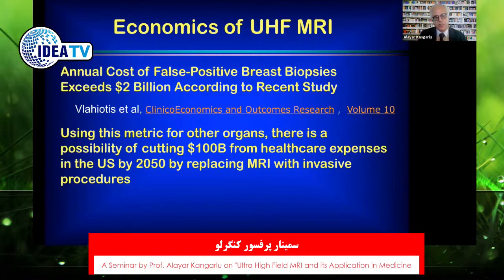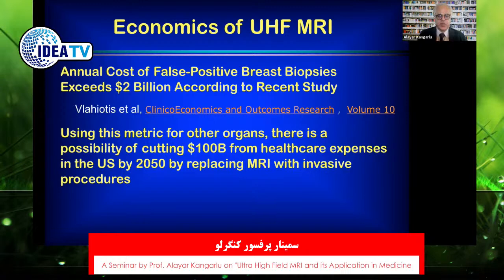The false positive calls of the breast biopsies annually exceed $2 billion. And we can probably eliminate that by developing techniques for MR spectroscopy and other techniques to detect breast cancer at a much smaller level than the present biopsies can detect.